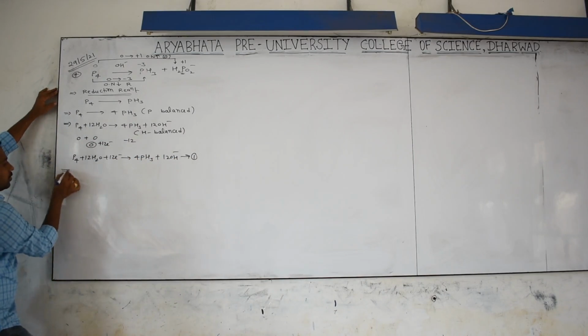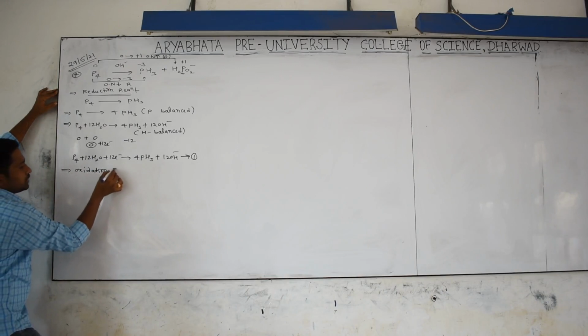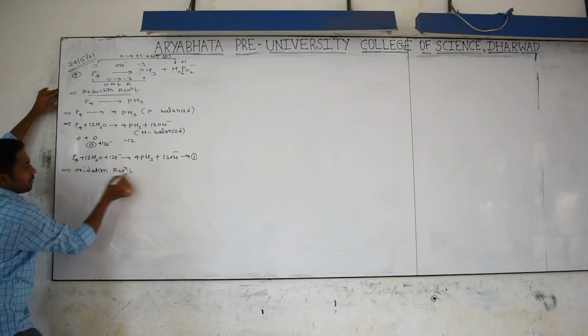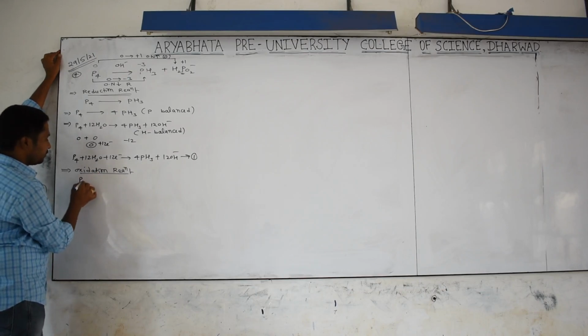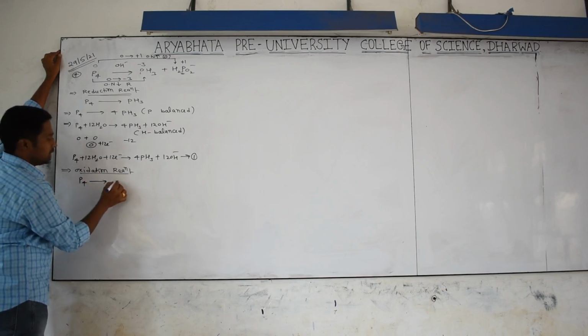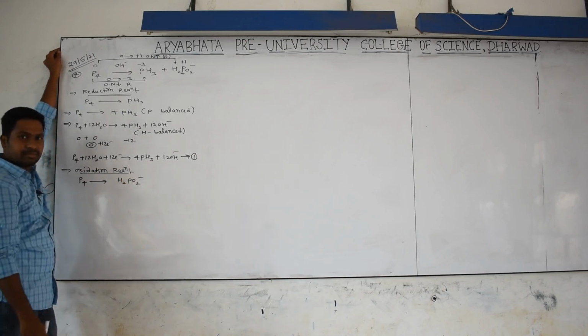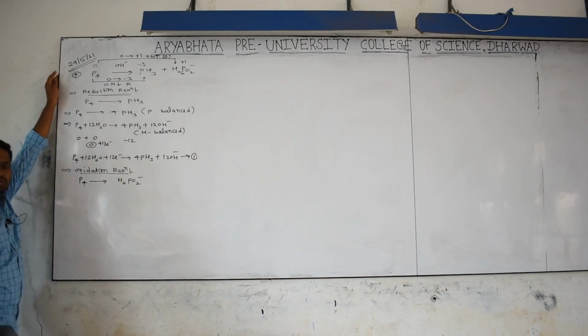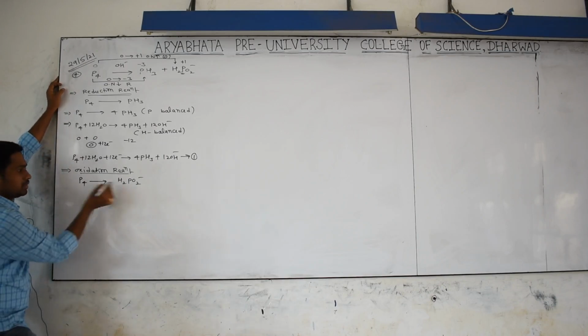Take the second one, which is nothing but the oxidation reaction. What is the oxidation reaction? Same P4 will be converting into H2PO2 minus. Here also we first balance the atoms other than hydrogen and oxygen. Here 4 phosphorus, and on the other side nothing.